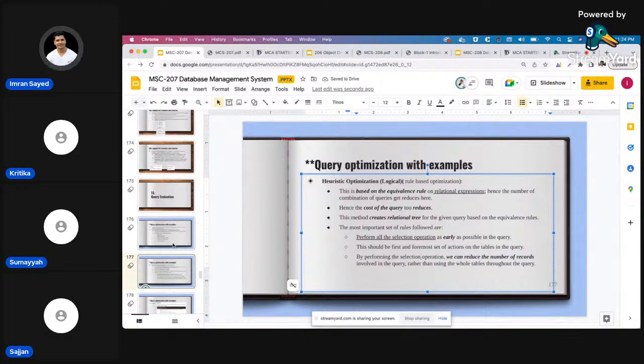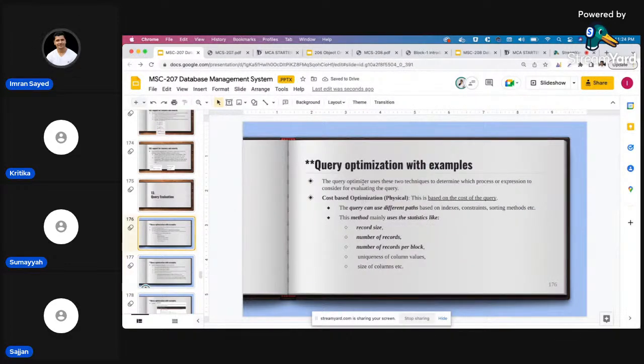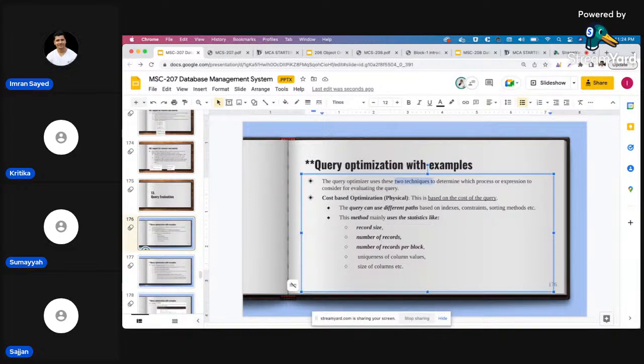Okay, so let's review it, see if we understand this. So query optimizer uses two techniques to determine which process or expressions to consider for evaluating the query. Two techniques.